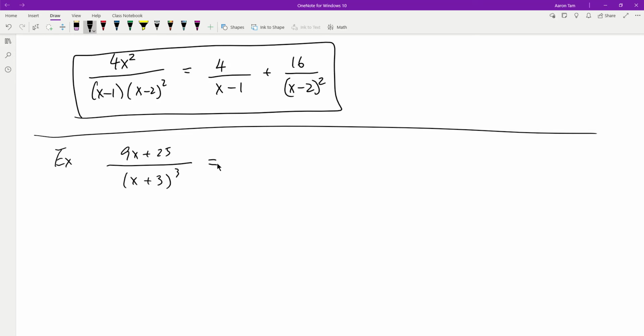So those are the 3 partial fractions that we have: A over x plus 3, plus B over x plus 3 squared, plus C over x plus 3 to the third.